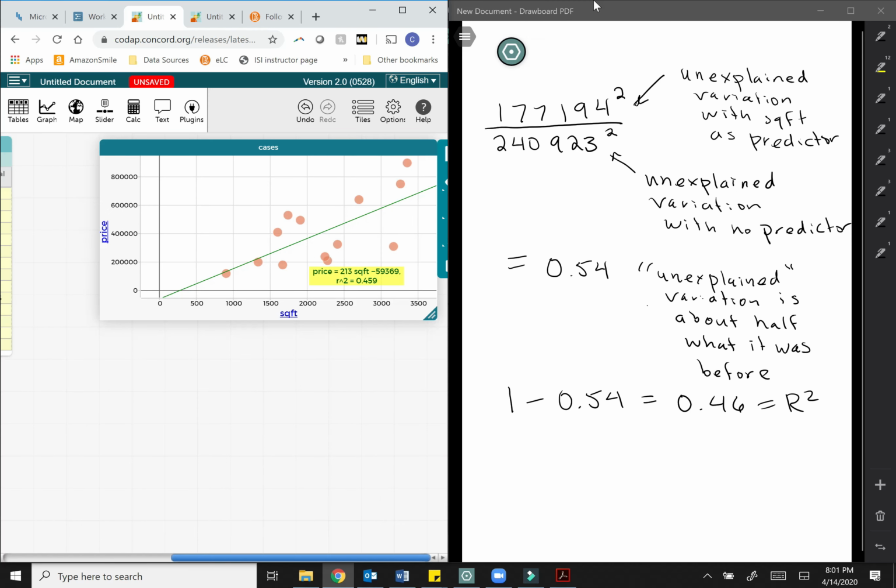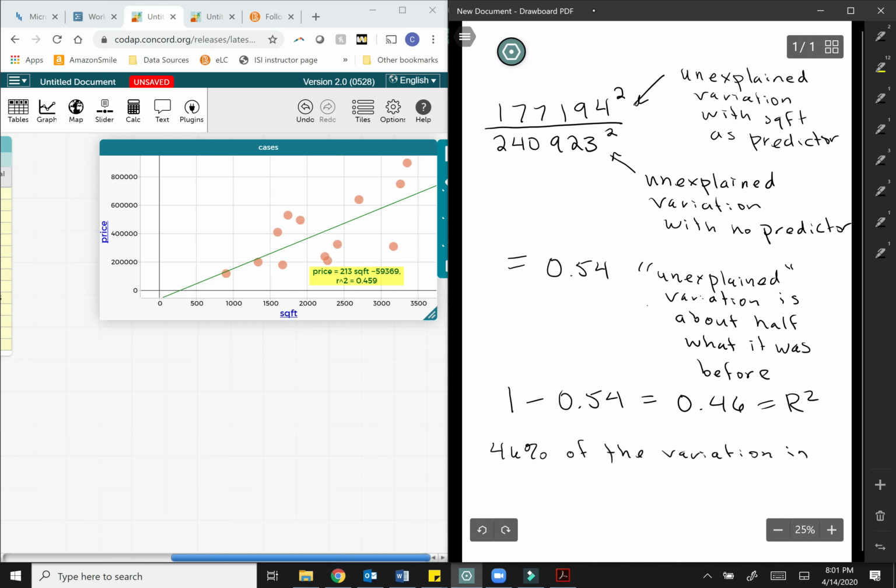Okay, so to interpret that 0.46 number that we see, we would say that 46% of the variation in prices has been explained. Right? R squared measures the explained variability, explained by the model using size.